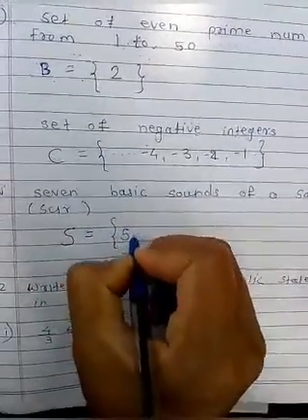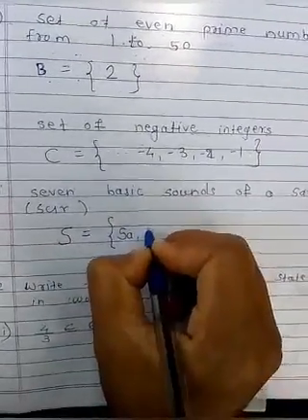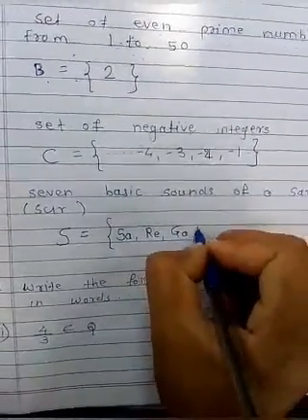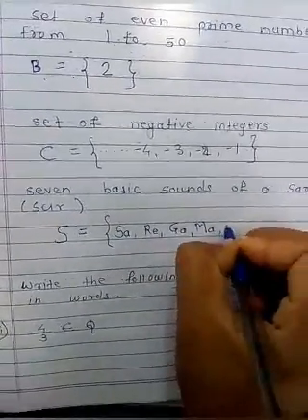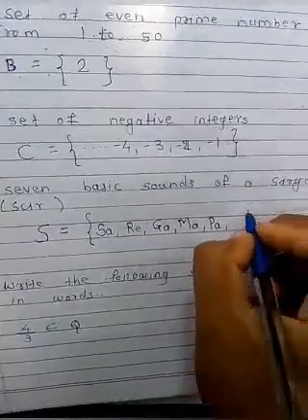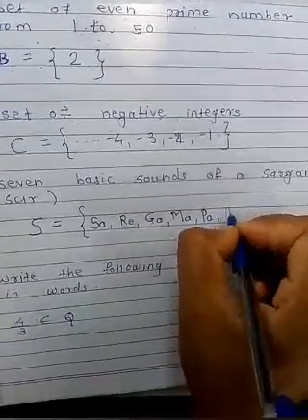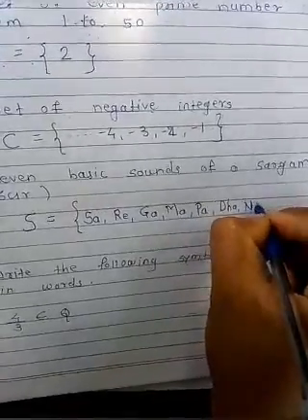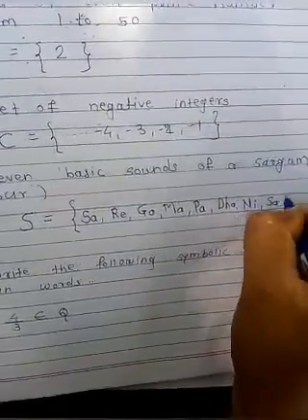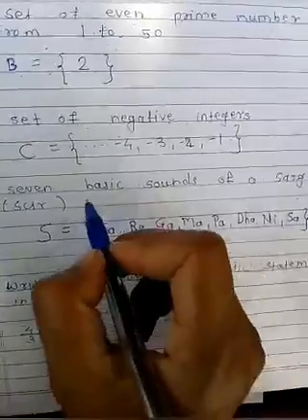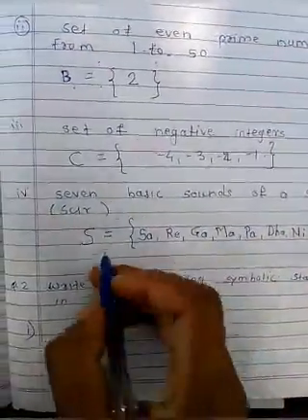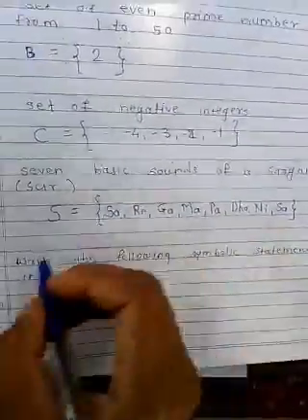These are sa, re, ga, ma, pa, dha, ni and sa. These are the 7 basic sounds of the sargam. Understand?